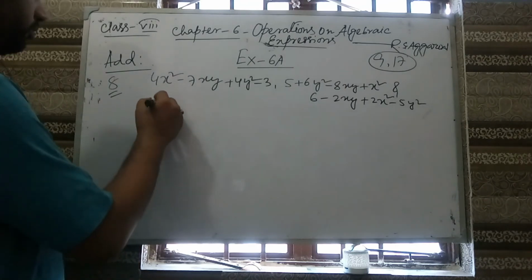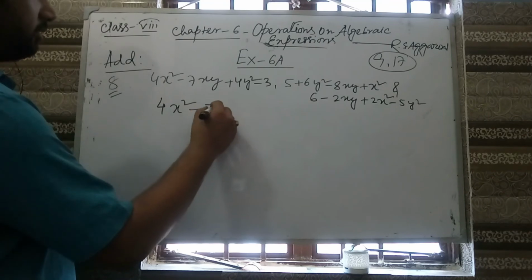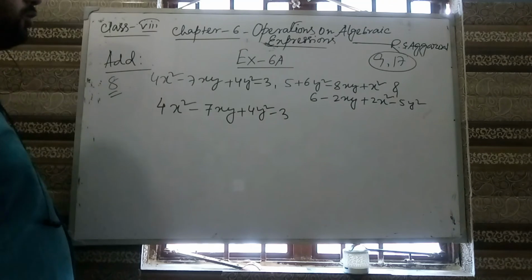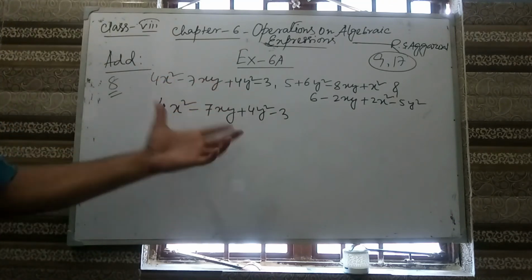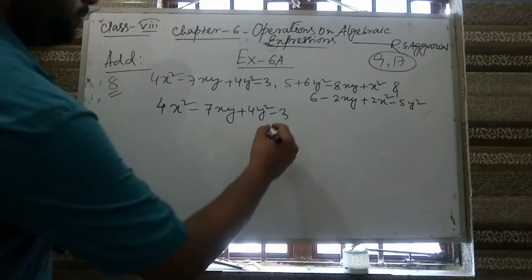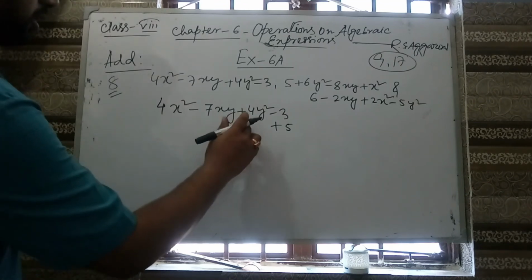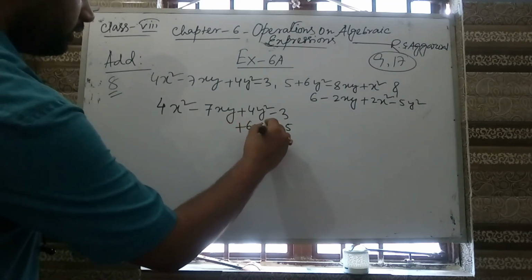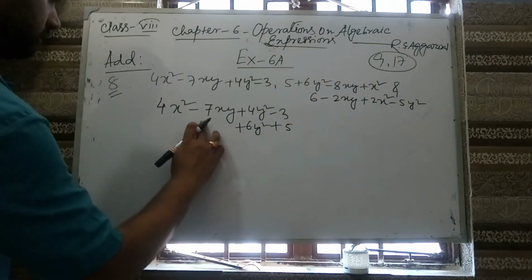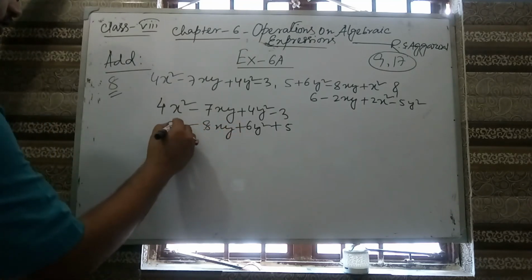So it will be 4x square, keep it as it is, minus 7xy plus 4y square minus 3. We are keeping the first expression as it is. Next one, 5 is a constant term, so plus 5, plus 6y square, minus 8xy, then plus x square.